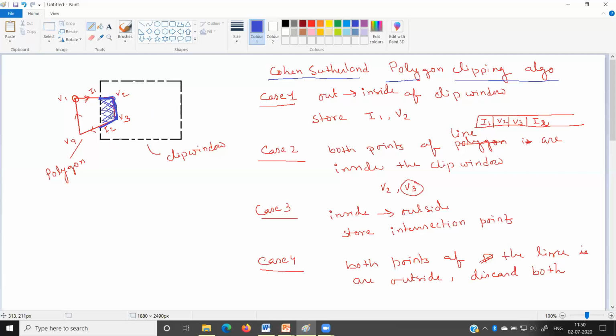So if you perform the clipping operation using these 4 cases, using this Cohen-Sutherland polygon clipping algorithm, you will finally get the output which is just like this one.